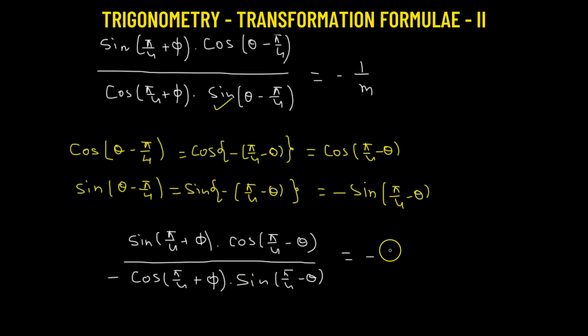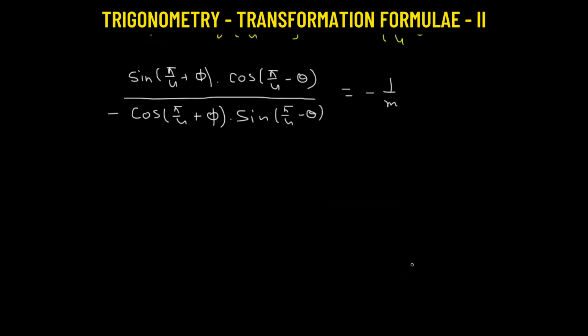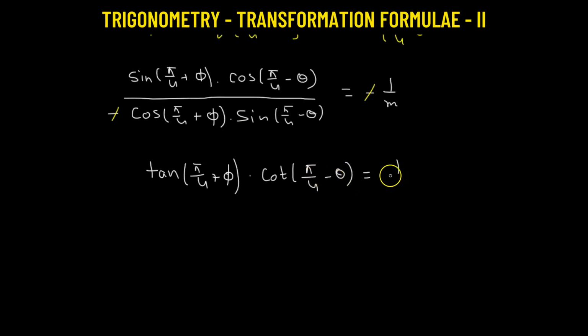So this will be equal to negative 1 over m. Here we can multiply both sides with negative 1 to get rid of the negative sign, so we have positive on both sides. Now we have sine pi over 4 plus phi divided by cosine pi over 4 plus phi, so this will become tangent of pi over 4 plus phi multiplied to, now we have the ratio cosine over sine, so this will become cotangent of pi over 4 minus theta. So this is equal to 1 over m.